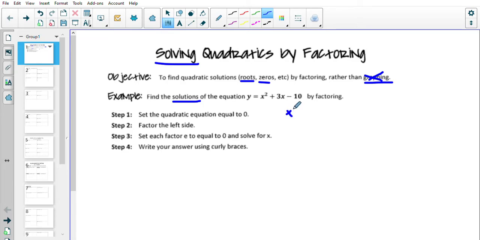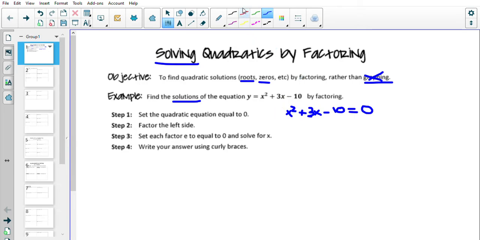We're going to have x squared plus 3x minus 10 equals 0. We always want to set our expression on the left-hand side, and make the right-hand side 0.